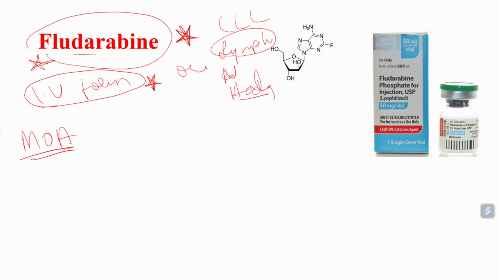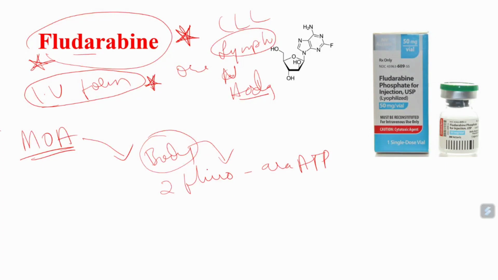So listen carefully. First point about the mechanism of action of fludarabine. When fludarabine enters the body, it is phosphorylated into 2-fluoro-ara-ATP.